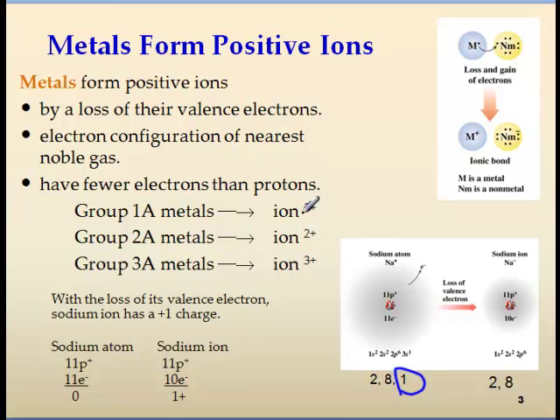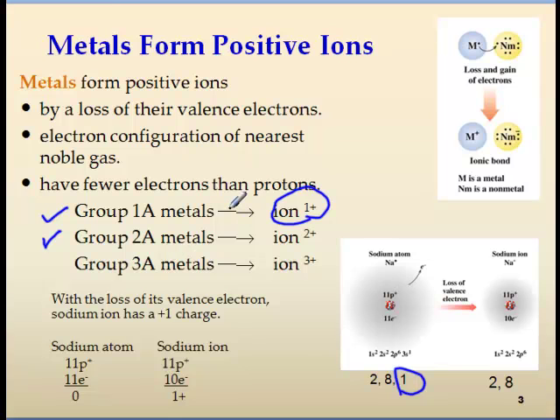So you will find that all metals that are in group 1 have something in common, and that is they have a charge of 1 plus. All atoms in group 2A, which are also metals, have a charge of 2 plus. All atoms in group 3 will have 3 electrons, so they will lose those 3 to form a 3 plus charge.